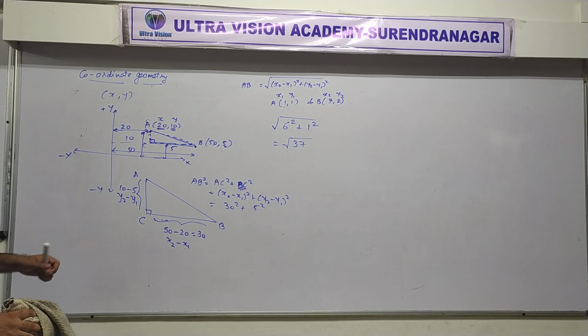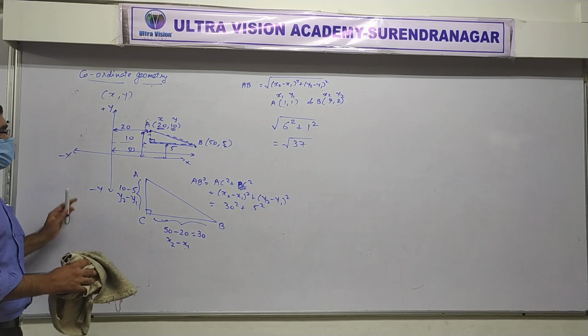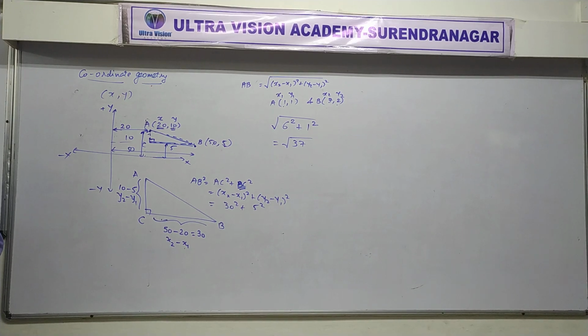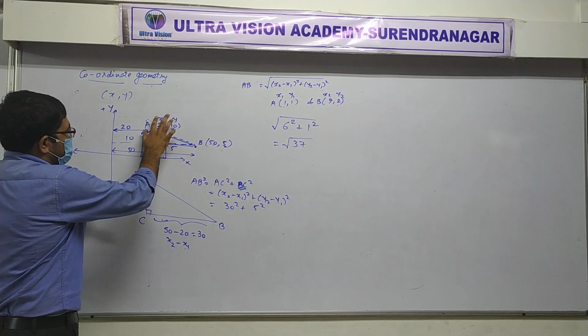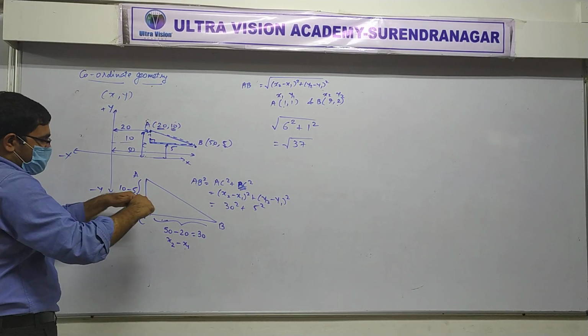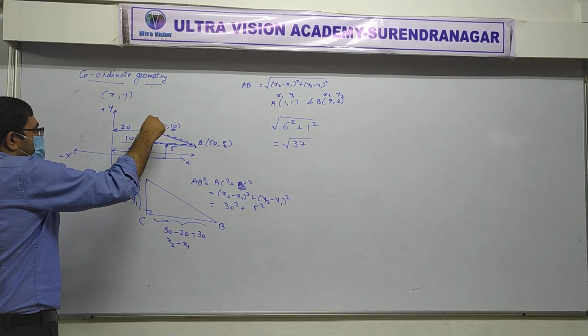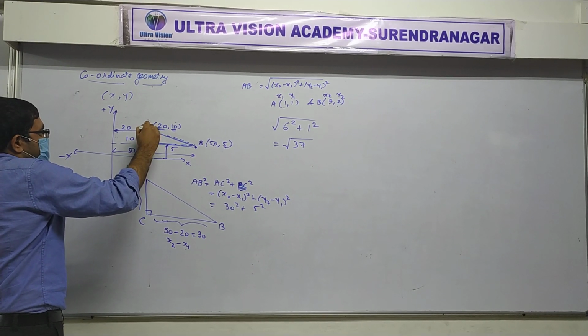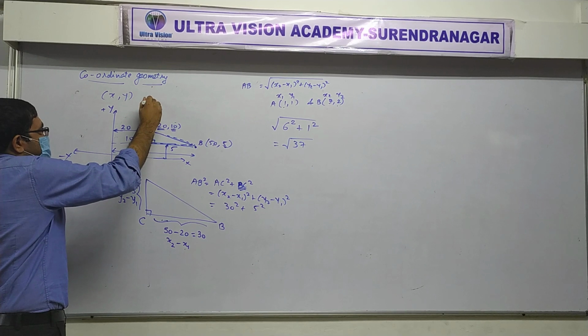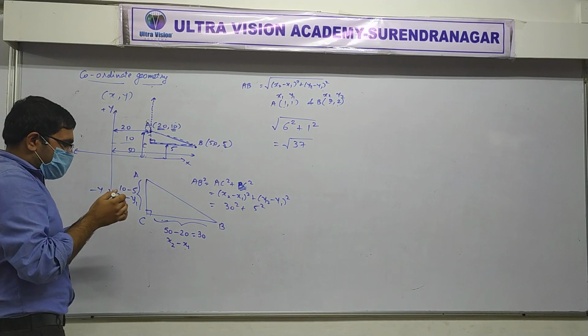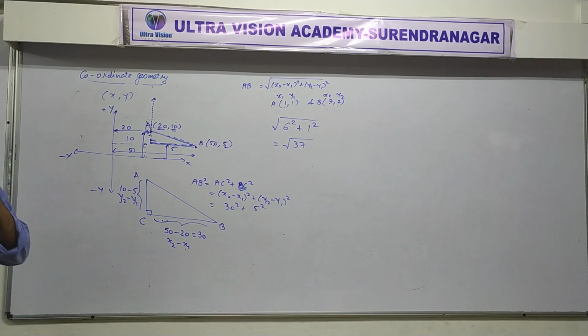Now, just before we end this little discussion, I want to ask you: suppose this point A is (20, 10). As we move in the vertical direction like this, which coordinate will change and which will not?